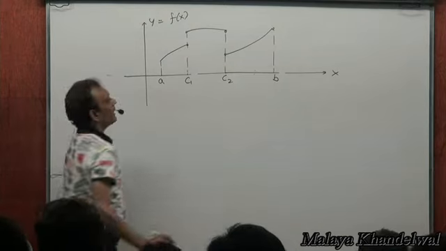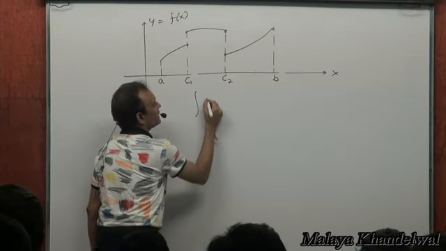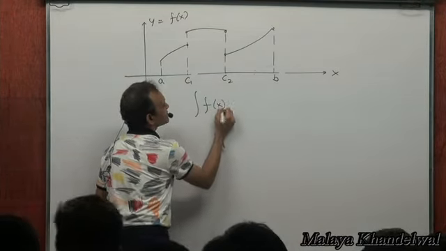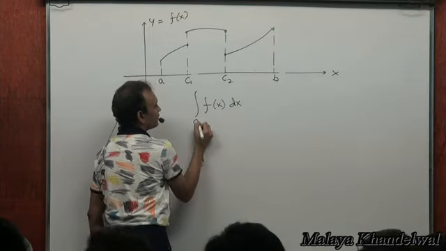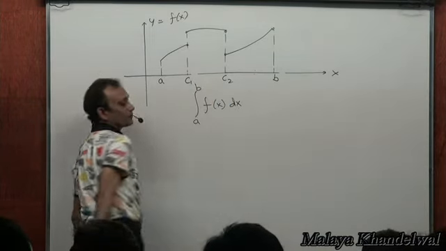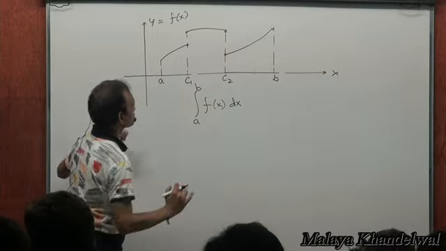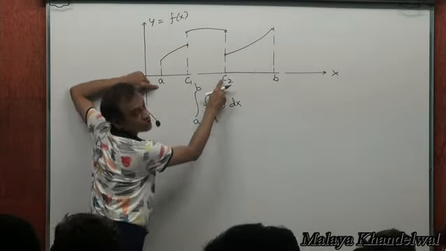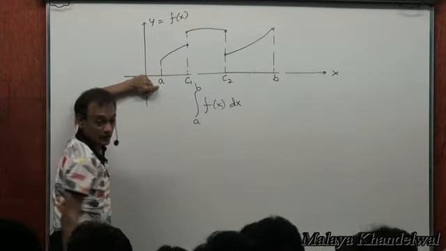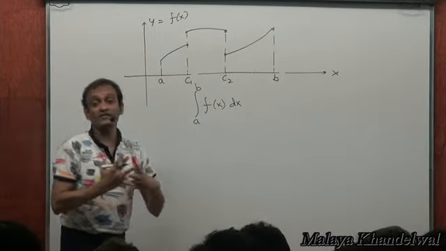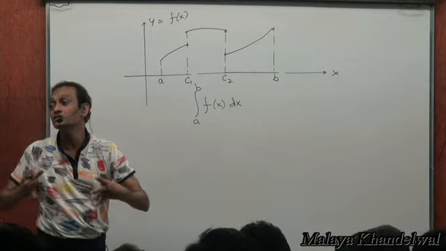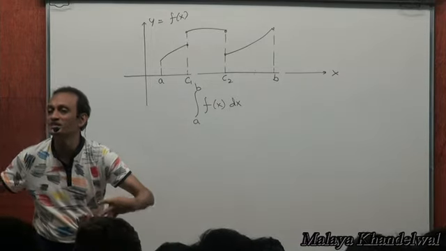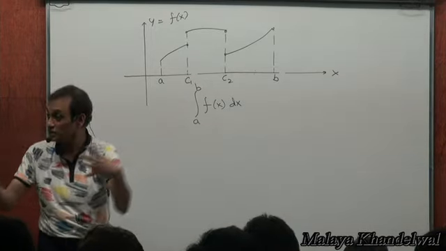Right? Now, when I say integral f(x) dx from a to b, what it means is the area from a to c1, and then c1 to c2, and then c2 to b. So I will have to break this integral into smaller pieces, breaking at c1 and c2.